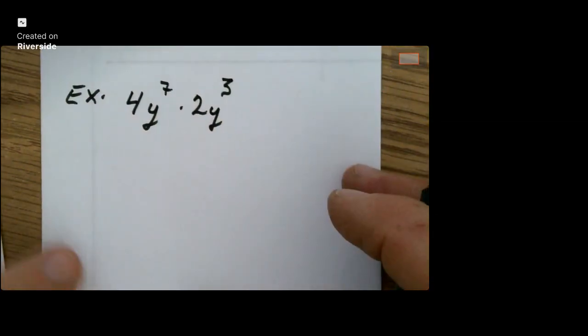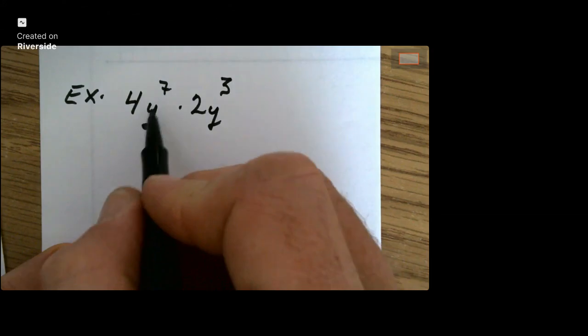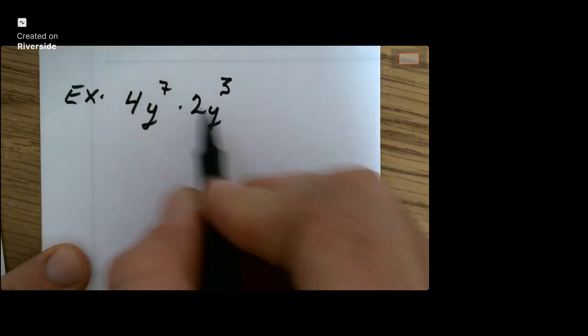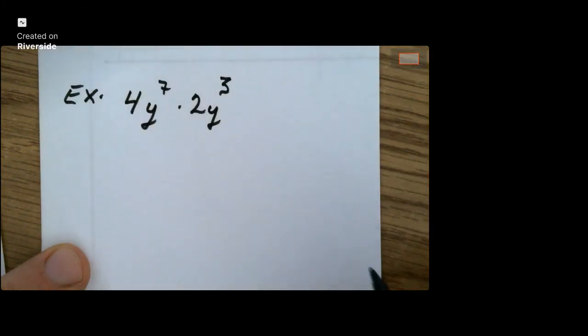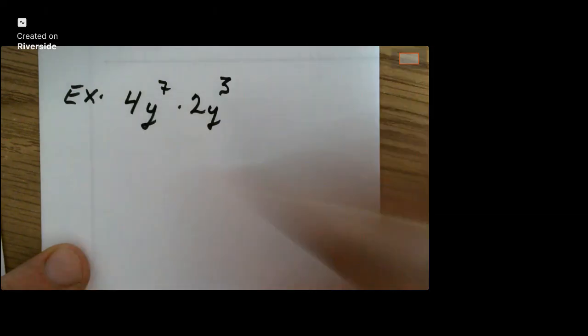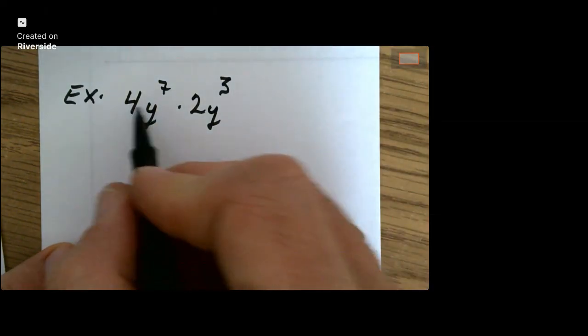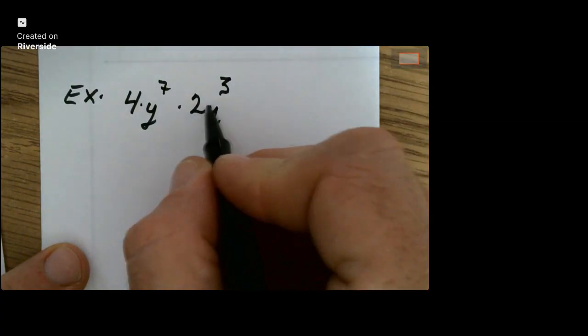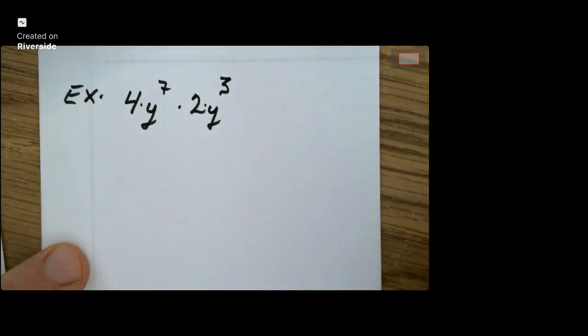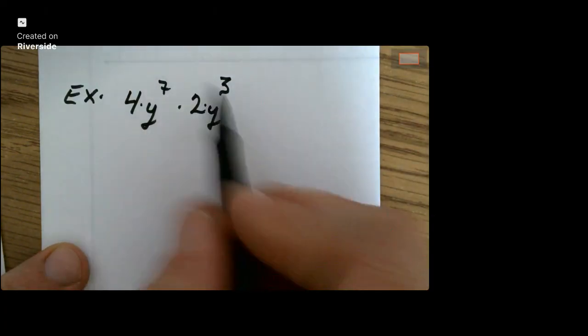No real difference here. We have to make sure we understand what's going on between these constants and the variable terms. If you have a 4 sitting right next to the y with nothing shown in between, what does that mean? Well, there's automatically a times sign there. What's going on between the 2 and the y to the third? There's nothing shown, so we have to assume it's a times. So everything is just being multiplied.